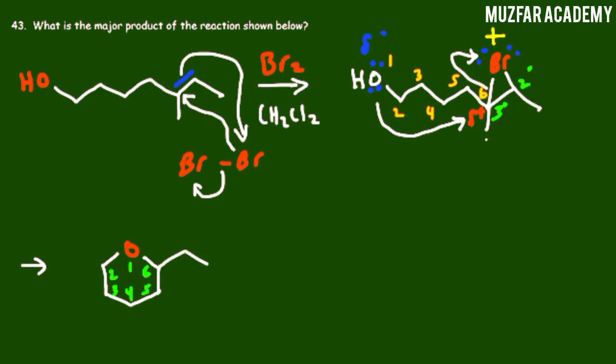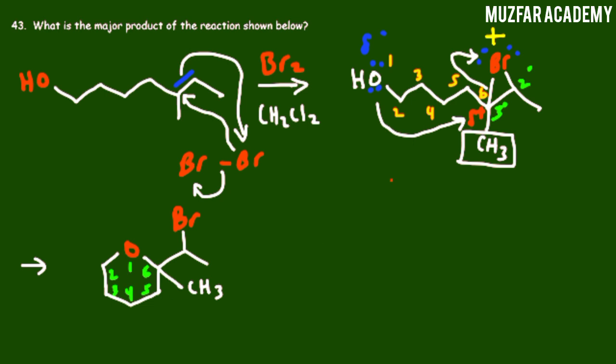And carbon 6 also has a methyl group. So here is the methyl group, and this is the ethyl group. Now, on the ethyl group, this bond is broken, so carbon 6 is not directly attached to a bromine. But this carbon, the first carbon in the ethyl group, still has a bond to a bromine atom.